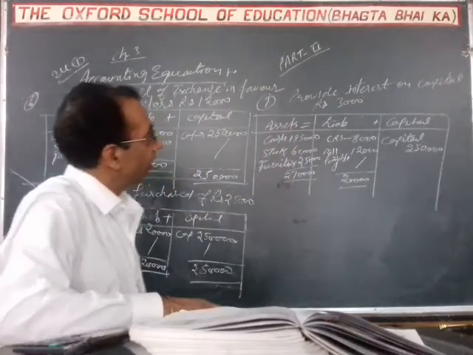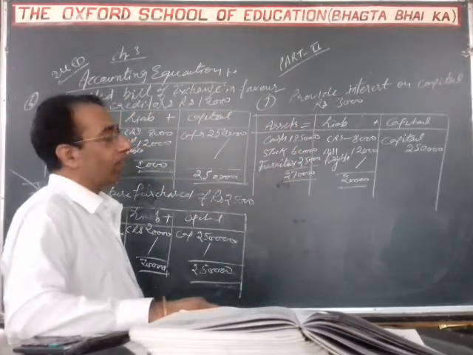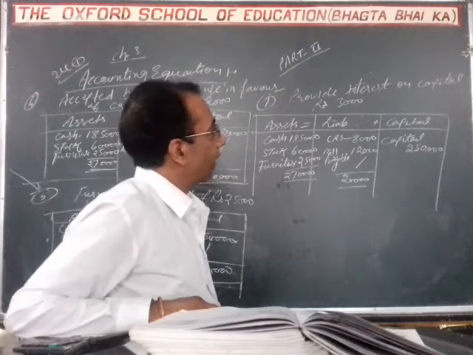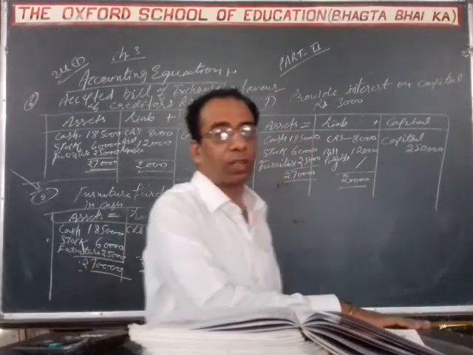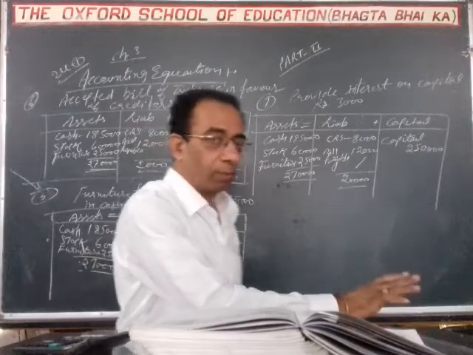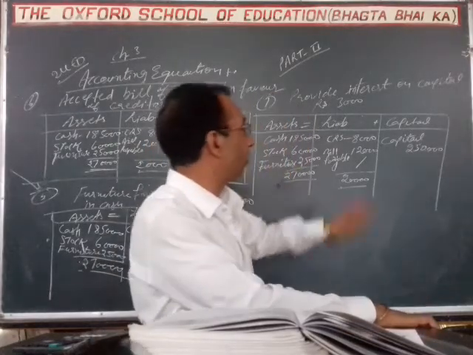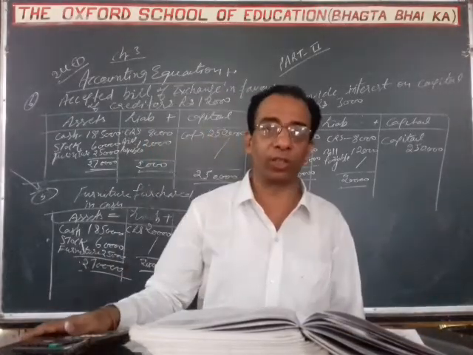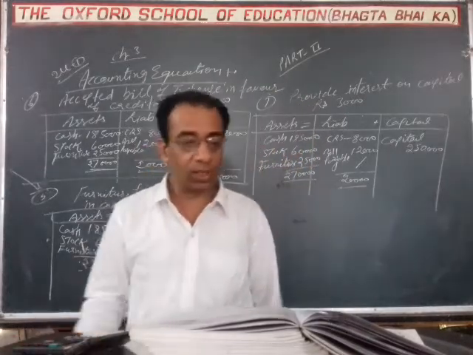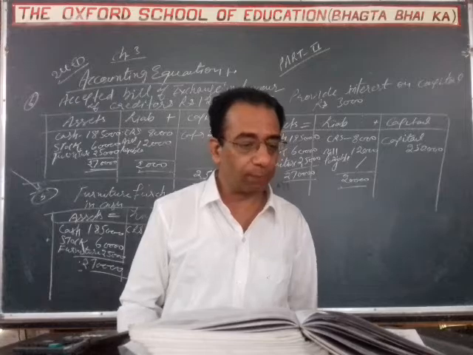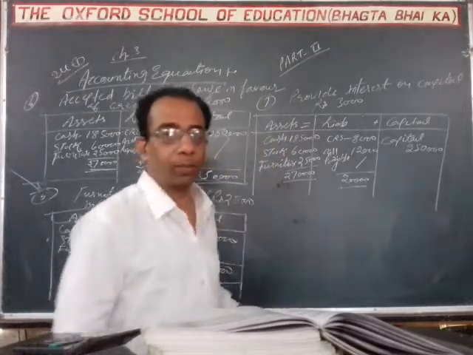In this way, we always calculate the amount of capital. When interest on capital or interest on drawings is given, mostly the columns of the table will not change. Student, now we have to start example number 2.